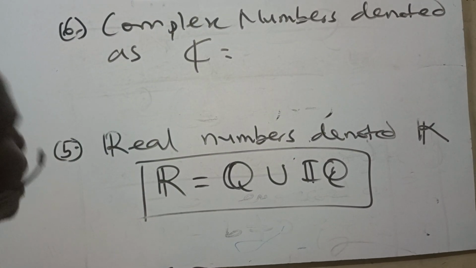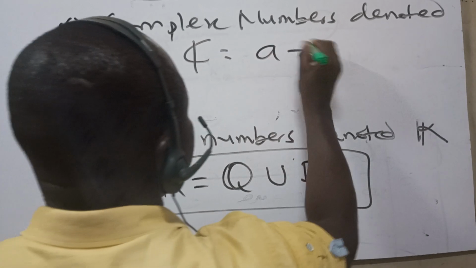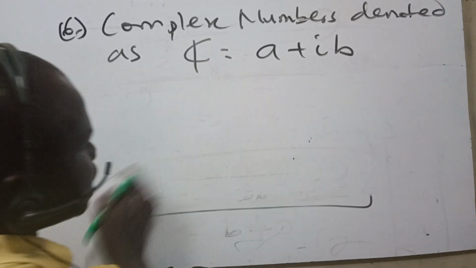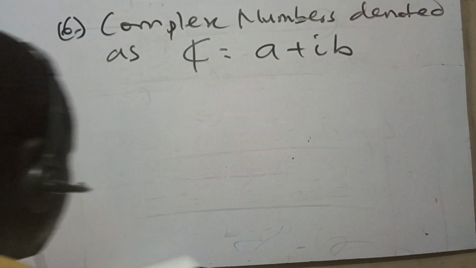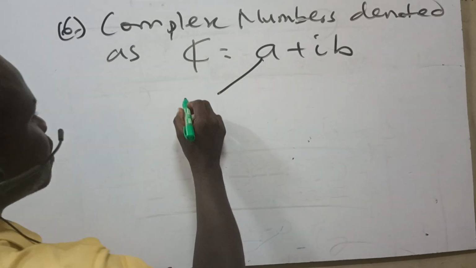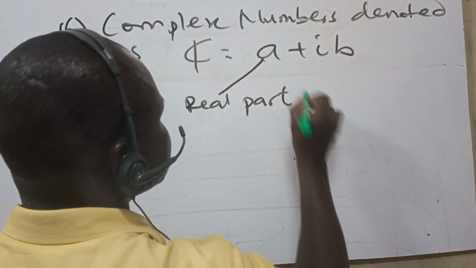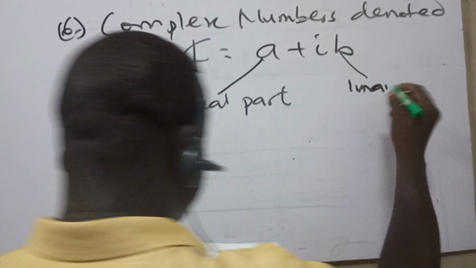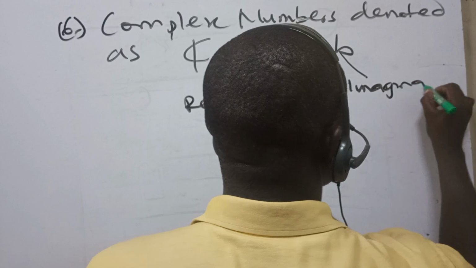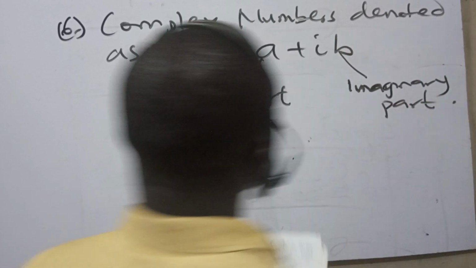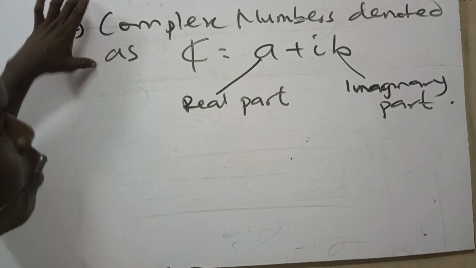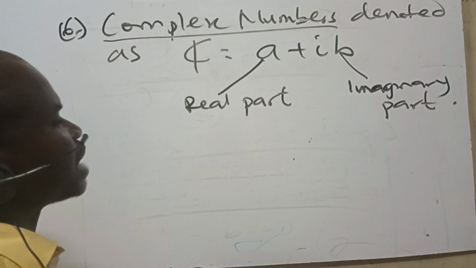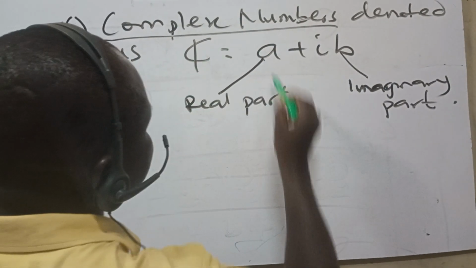These are numbers that can be expressed as A plus Bi. Complex numbers are numbers that we can express as A plus Bi, where A is called the real part of the complex number, and B is called the imaginary part. That is what we are talking about when we talk about complex numbers. They are the highest numbers under consideration as far as the world is concerned. Then this number must be expressed in this form.